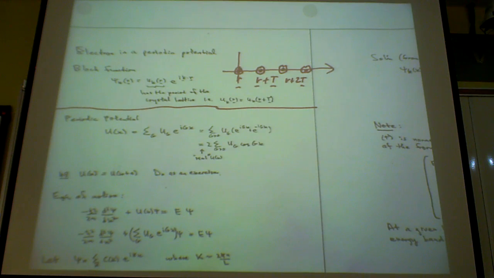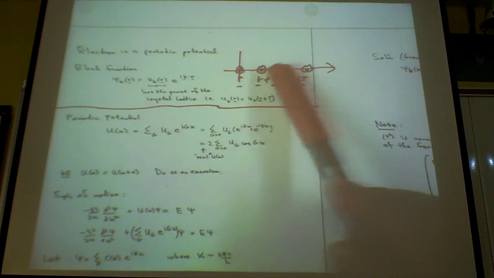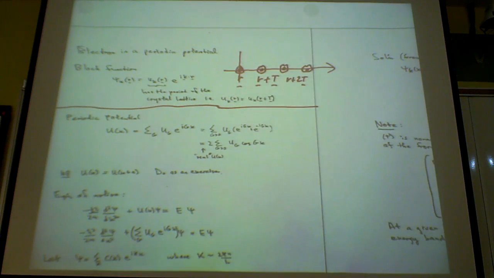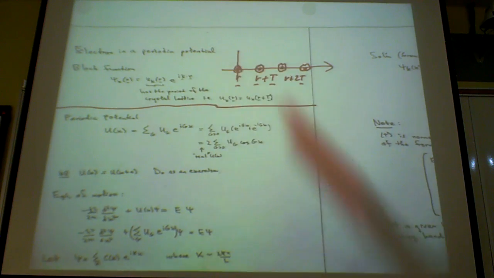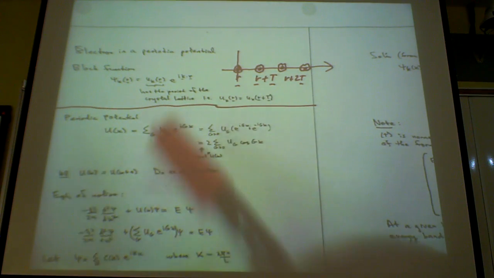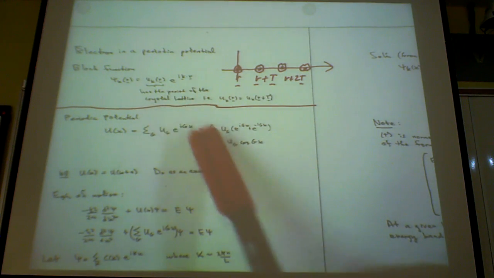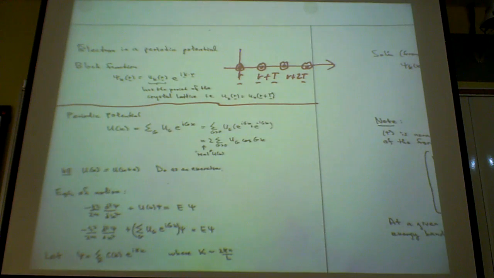It should not depend on where I am, because I'm in this periodic function. Anywhere I locate myself, it should look the same, if I base myself here, here, here, or here, at any of these points. So that's where the periodic function comes in. This gives us the periodicity that we need in a lattice.